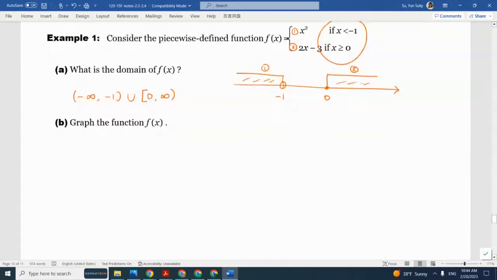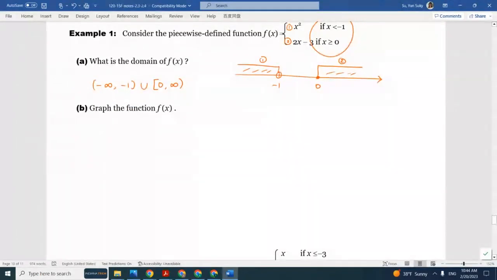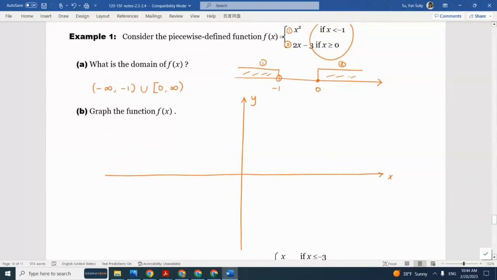Now, how do we graph the function? Okay, so we have to have the x-axis. This is the x-axis. And then we have the y-axis. And then the first piece. What does x squared look like?